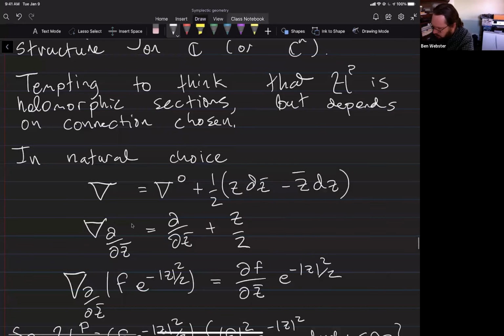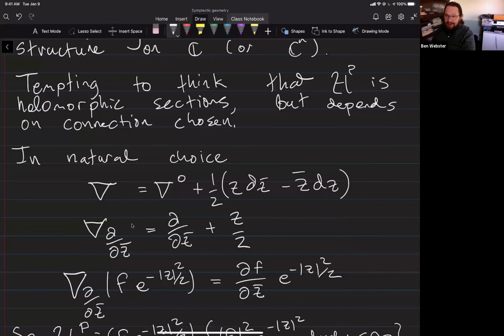There's a natural choice for that connection, because I add 1/2 (z dz̄ minus z̄ dz). I think I have this right. I apologize if there's some constant off here.